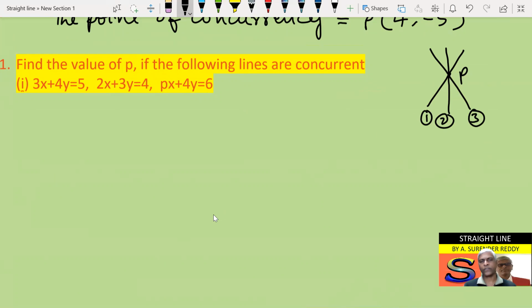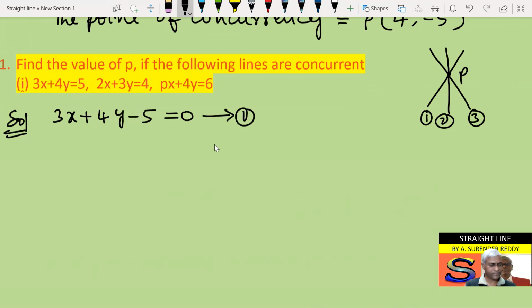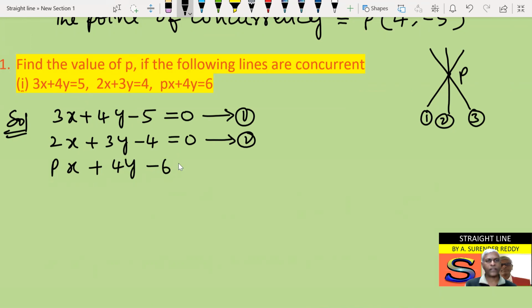So it is a point of concurrence. 3x plus 4y minus 5 is equal to 0 is the first equation. And 2x plus 3y minus 4 is the second equation. px plus 4y minus 6 is the third equation.